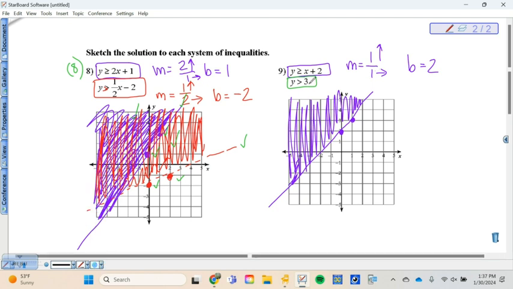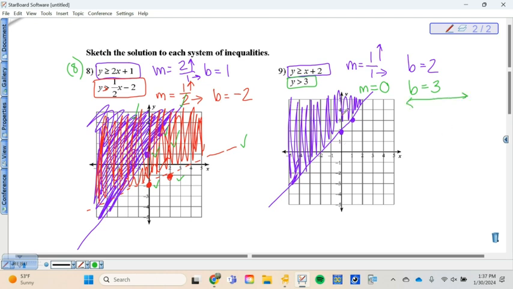Ooh, what about this green line? That one looks weird. What is the y-intercept of the green line? 3. What's the slope? Do you see any x in that? No, there's 0x, right? So that's a 0 slope. What kind of lines have 0 slope? Horizontal. Good.